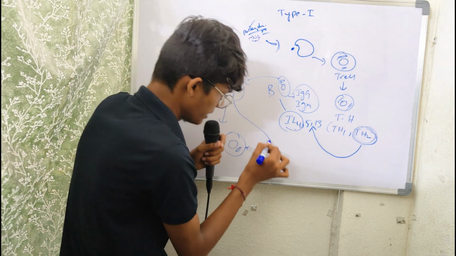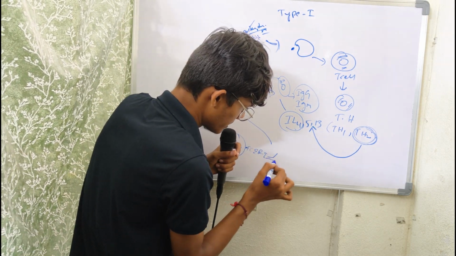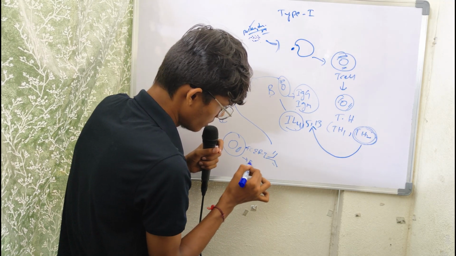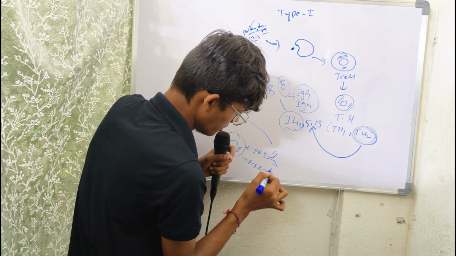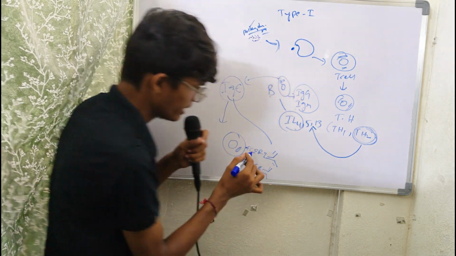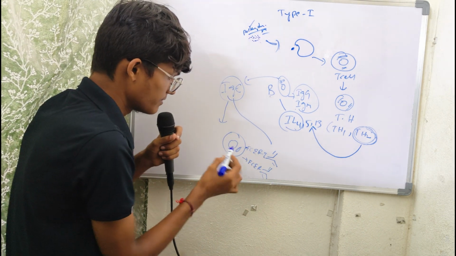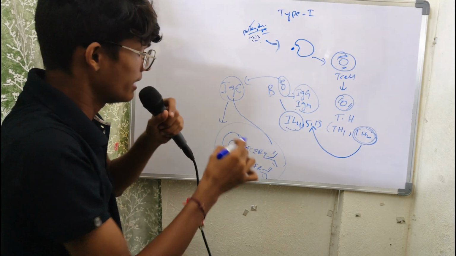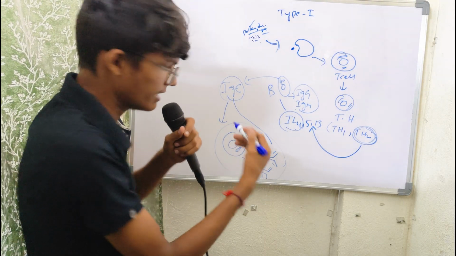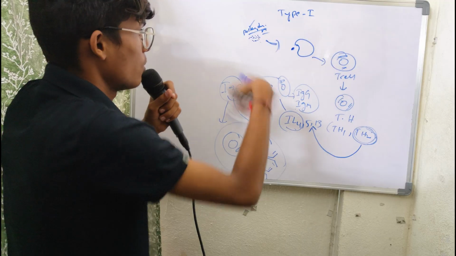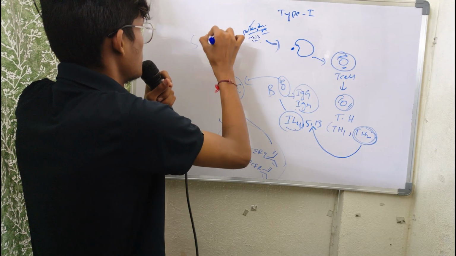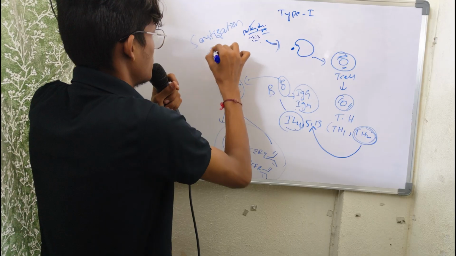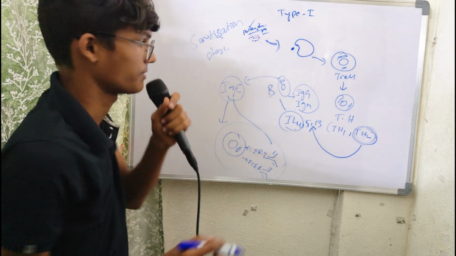This IgE antibody goes and attaches here, and it will stay like this only in the blood. This whole process is called the sensitization phase.